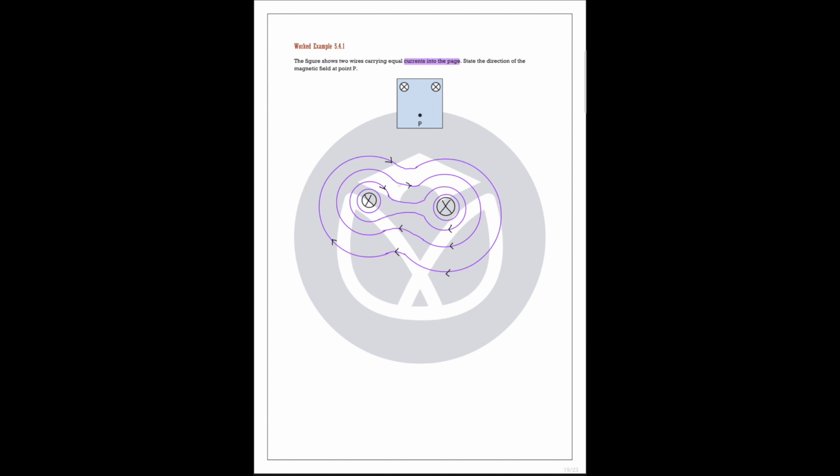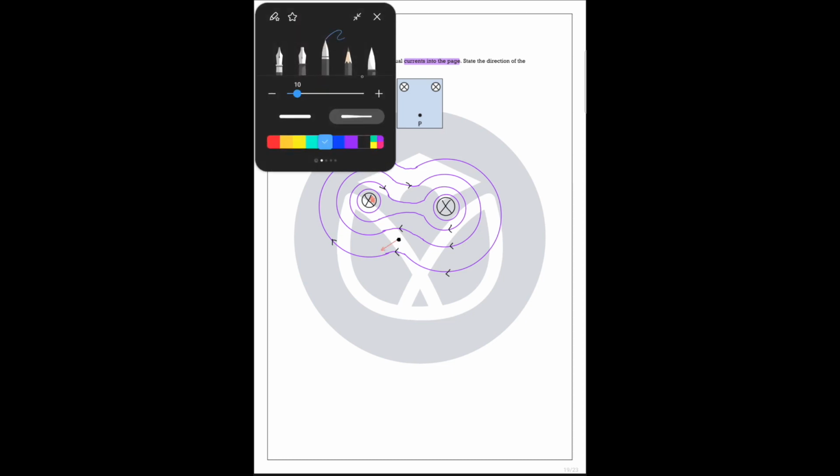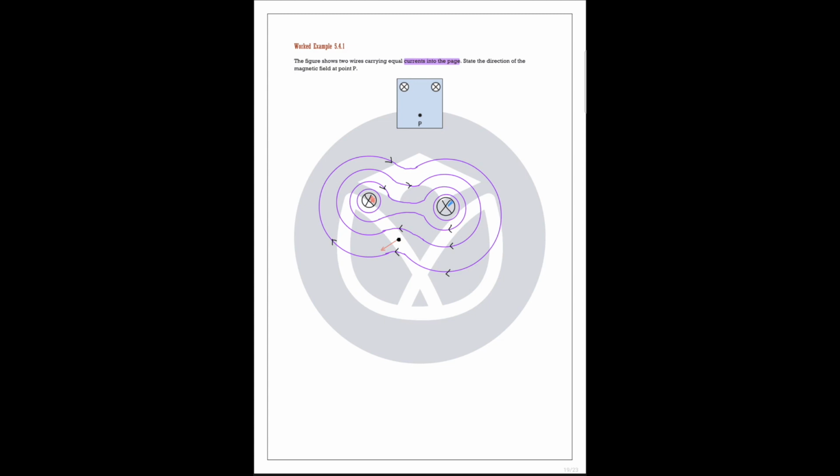Alright, so if we draw P at the center somewhere here, where it's equidistant from the two wires, we see that for the first wire, we'll put it as red. The influence of the field will be towards this direction, while for the second wire, we will put it as blue.